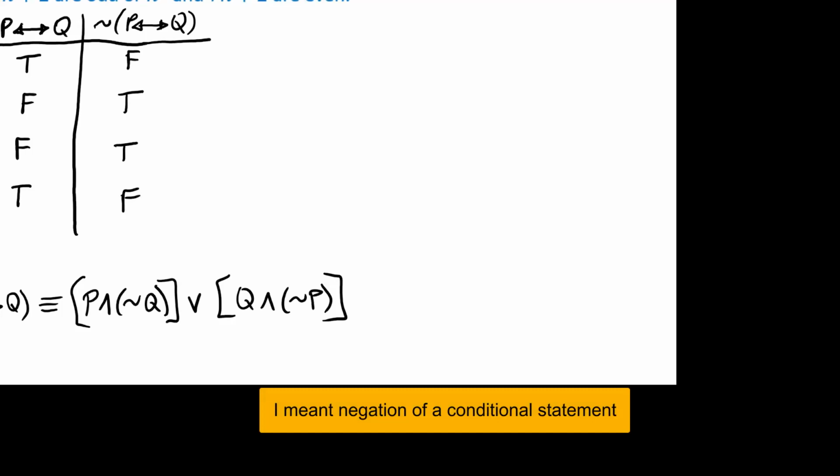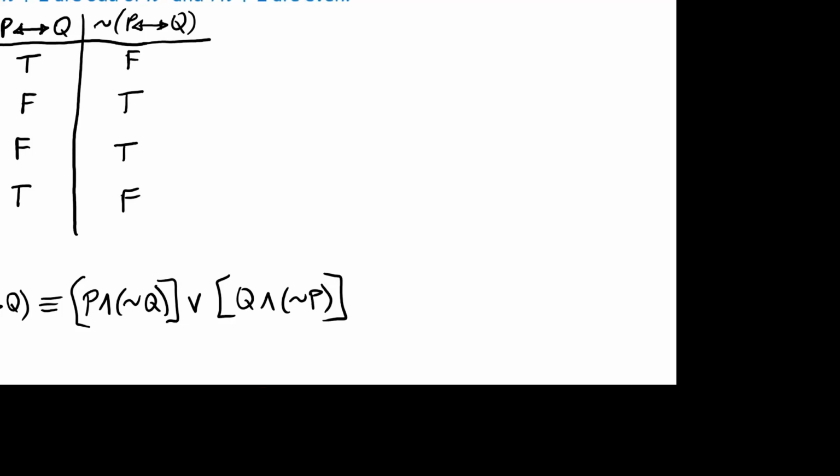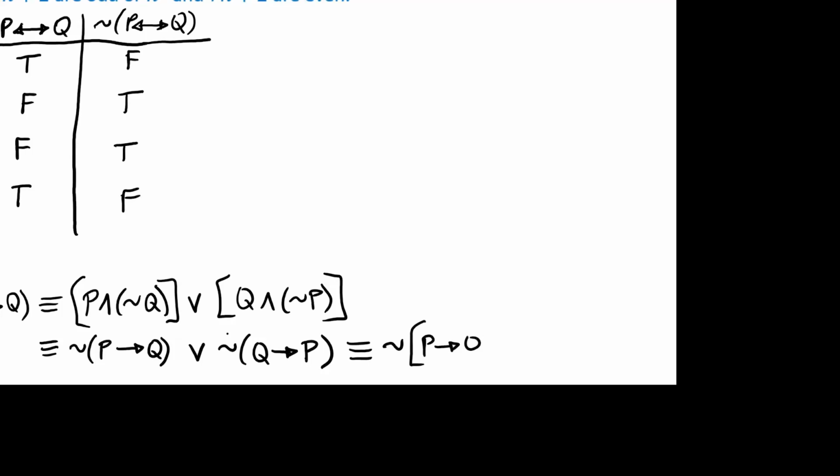If you recall, the negation of a conditional statement, P implies Q, is going to be P and not Q. So this is equivalent to the negation of P implies Q, and this is the negation of Q implies P. So using De Morgan's law, I know that this is equivalent to the negation of (P implies Q and Q implies P).